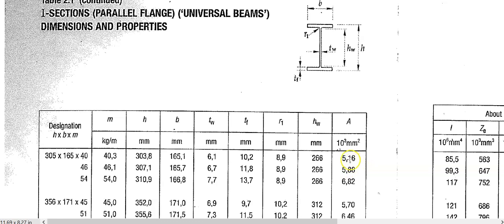Do you get it? If I multiply that by 1000, it is 5160 millimeters squared. That section there is 5880 millimeters squared, and that section there is 6820 millimeters squared. So you can either write it with the exponential notation, or you can write it fully. I'm generally going to use the full notation.